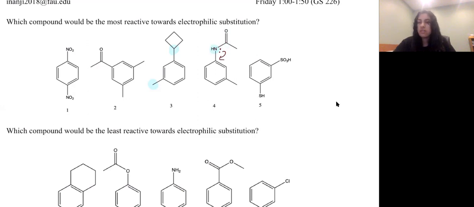just 2 R groups. Isn't the lone pair? Yeah, so the lone pair of the amide can go both directions. You can send it up to the carbonyl or you could send it into the benzene. So it's still activating, it still increases electron density, but not as much as an NH2 for that reason.